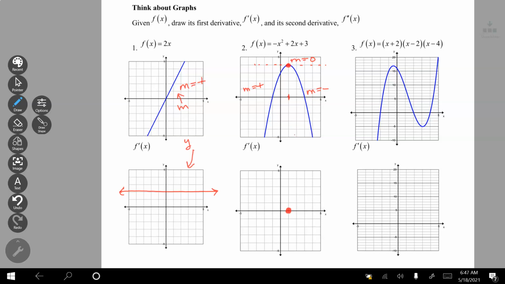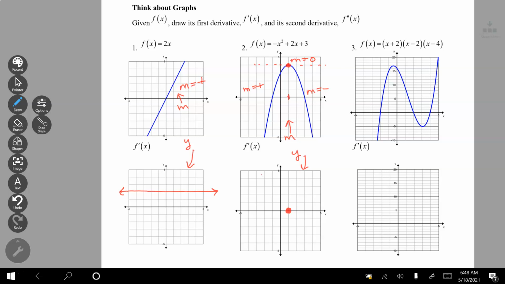Because like I said, the slopes on this graph become the y values on this graph. The slope is 0, so this y value is 0. Now over here I need positive slope, that means I need positive y values. And then over here I need negative, so it better look something like this.